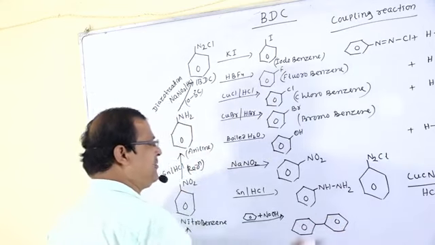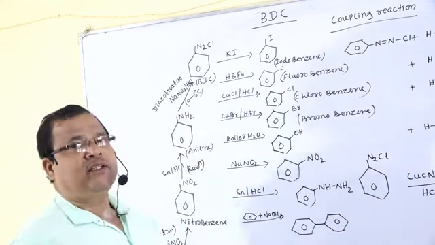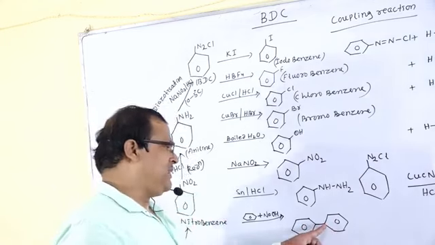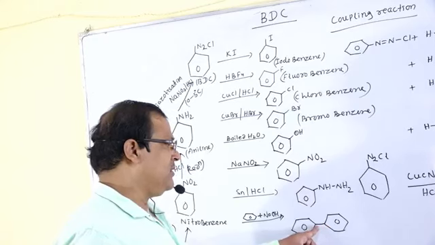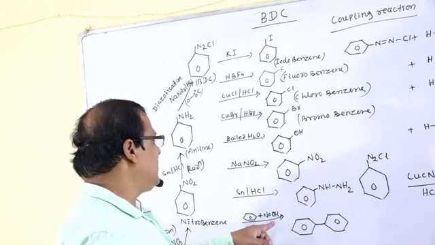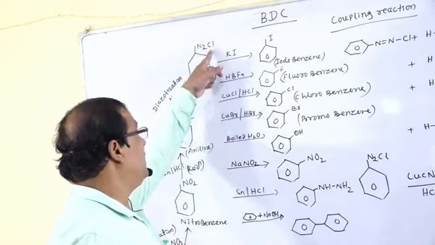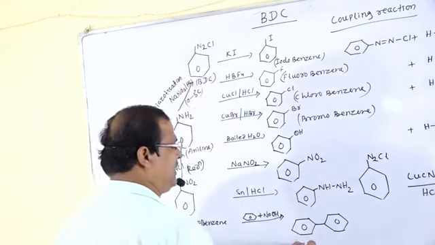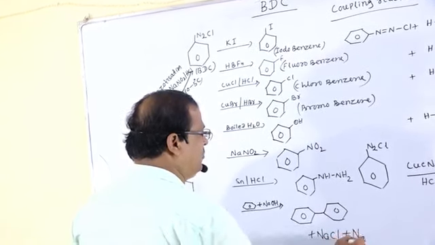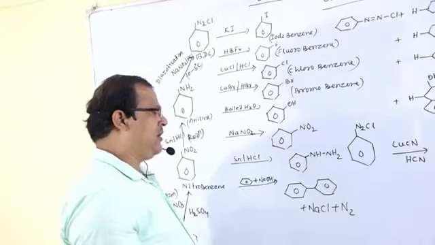If the question is there, give 3 methods for the preparation of biphenyl. 2 benzene rings that have been joined through a single bond, plus there is the formation of NaCl and N2 as side products. Nitrogen gas gets evolved.